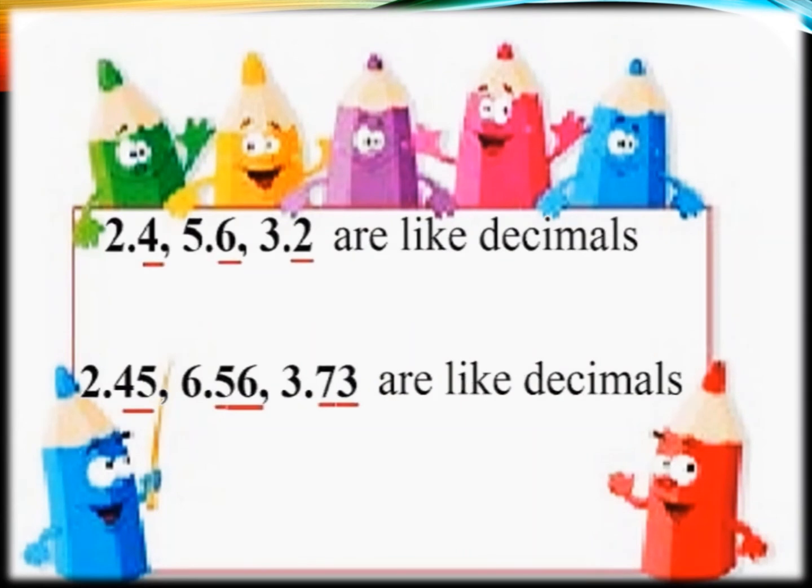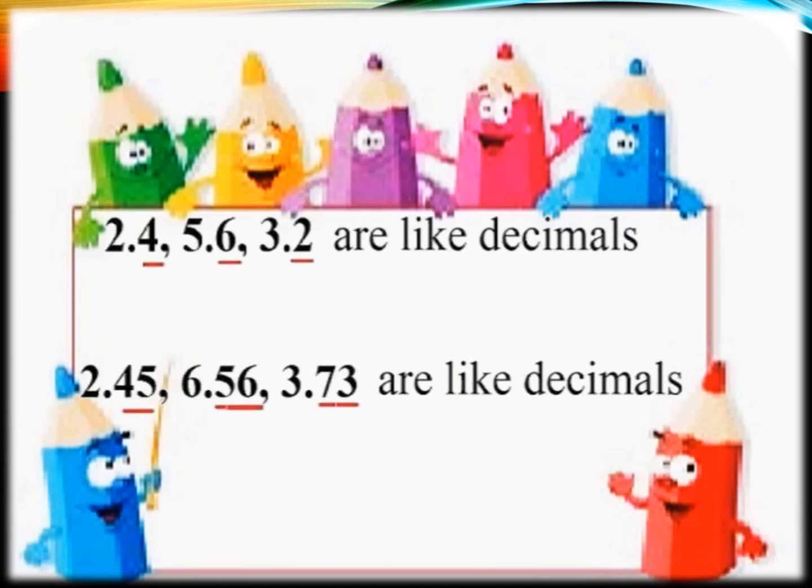2.4, 5.6, 3.2. In the underlined portion you can see that after the decimal there is 1 digit, that is 0.4, 0.6, 0.2. So we can say these are like decimals. And in the next row you can see 2.45, 6.56, 3.73.